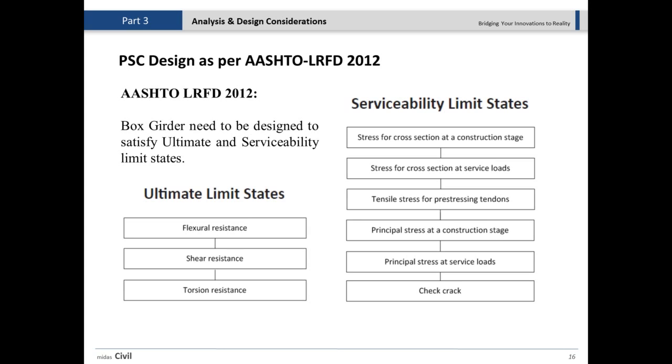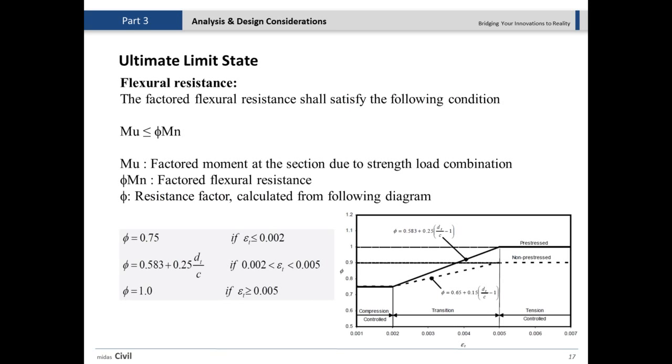We also have to check the cracks or ultimate stresses before pouring the concrete on top or after that. Principal stresses at construction stages and principal stress at service loads must all be checked for the post-tension bridges.